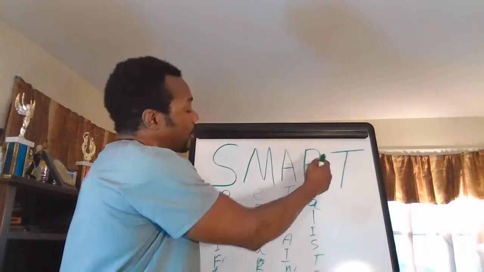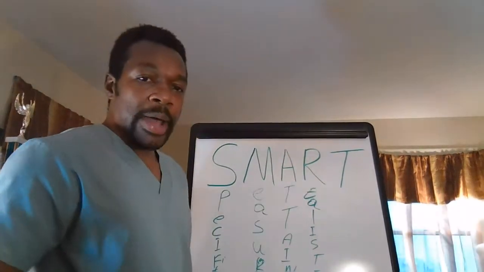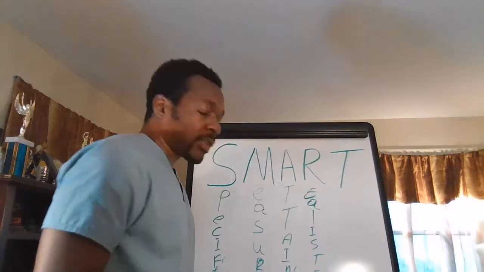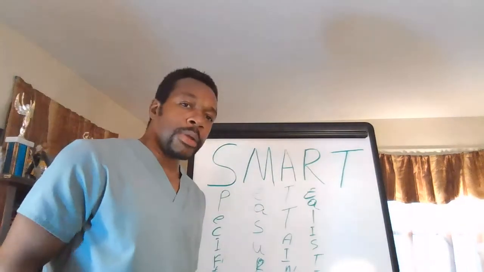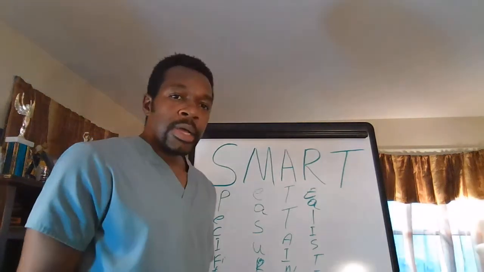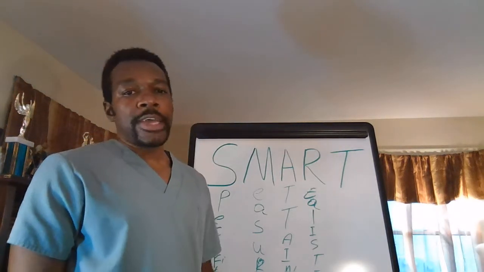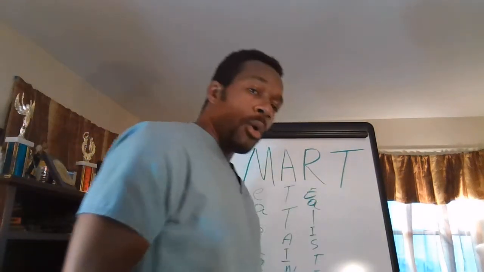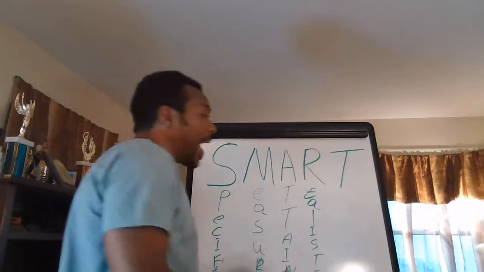So if we have, say, extensive spinal cord damage, it would be unrealistic to say that within 3 months this patient is going to be walking at a pre-injury state. Not realistic. So we want to make sure that our goal is realistic and then timely.